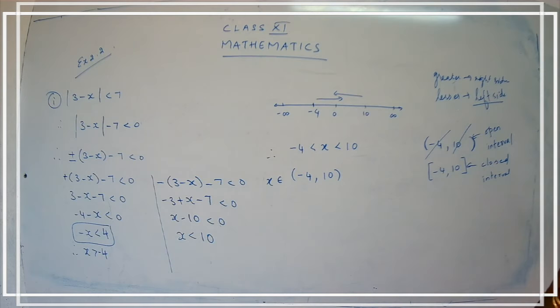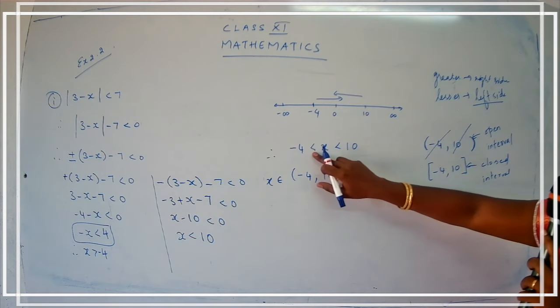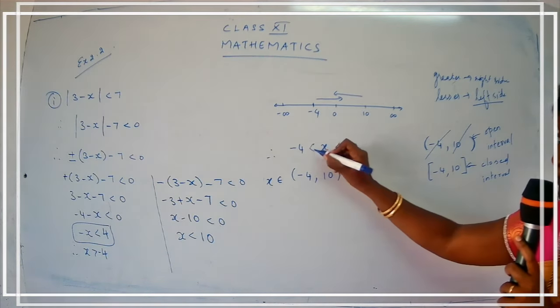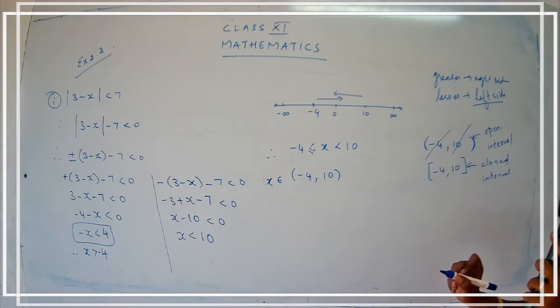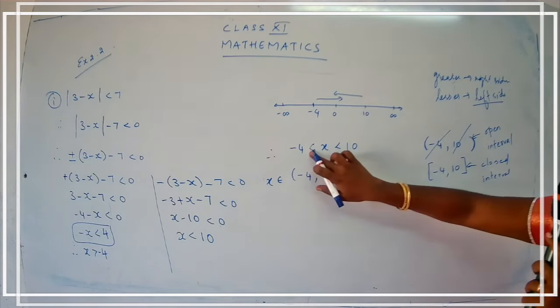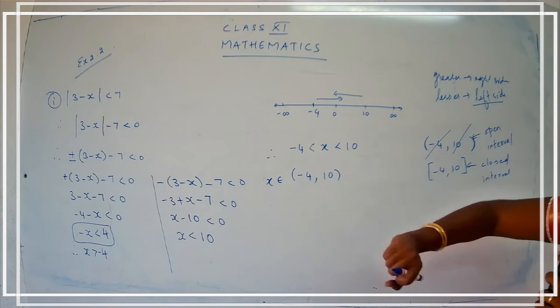Okay, see here, I am just writing here less than. Already we have seen in our 10th standard days how to find out the values. Here, less than is given. When less than is given, that means minus 4 is not included. If less than or equal to is given, that time we have to take minus 4. I hope you are clear with the signs that we have already used in class 10. So what is the value we have got here?